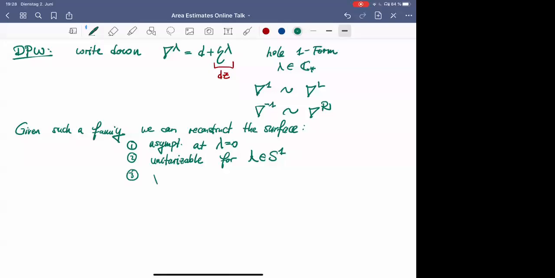And third, the one which corresponds to the left invariant, right invariant connection should be trivial. These last two are called solving the monodromy problem.